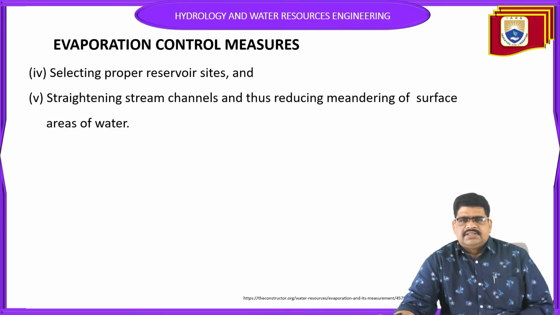The selection of the site should take care of the storage of the water while reducing the evaporation. Next one is streamlining the channels, reducing the surface area of the water. That is one of the points to reduce the surface area. The first technique is to reduce the surface area, and these are some of the points given for reducing it.